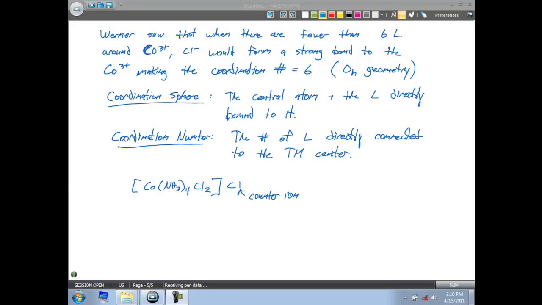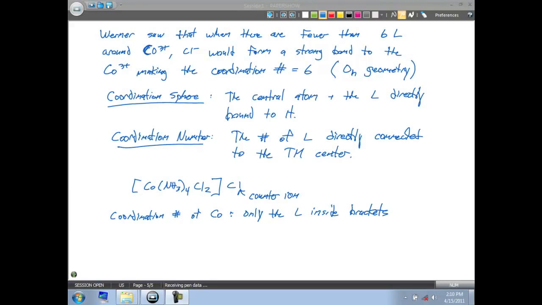So if I ask for the coordination number of the cobalt, one of the things that we definitely have to consider is we consider only the ligands inside the brackets. Okay?